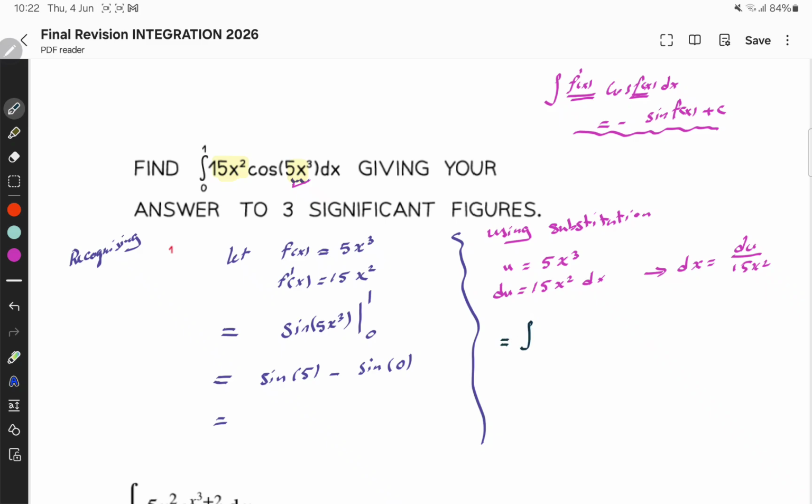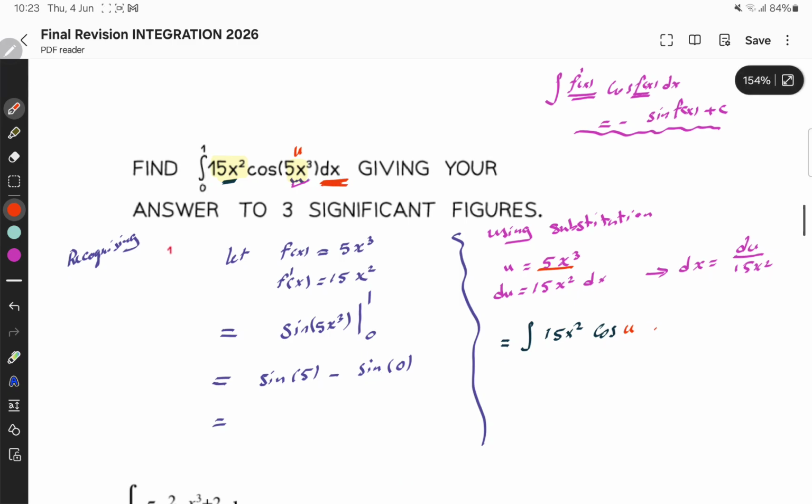We substitute inside the integral 15x squared, it's still cosine. We just substitute that inside by u, so that is u times, and also we substitute dx by its value, du over 15x squared.